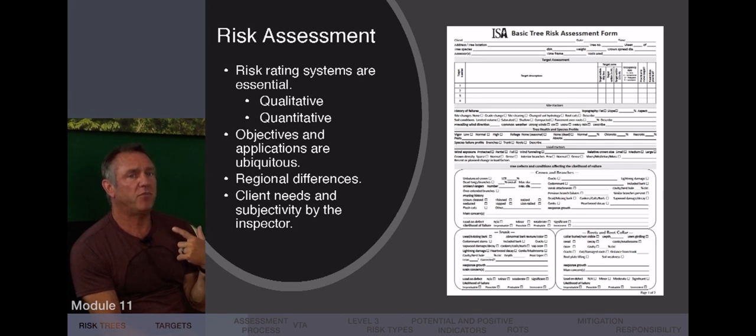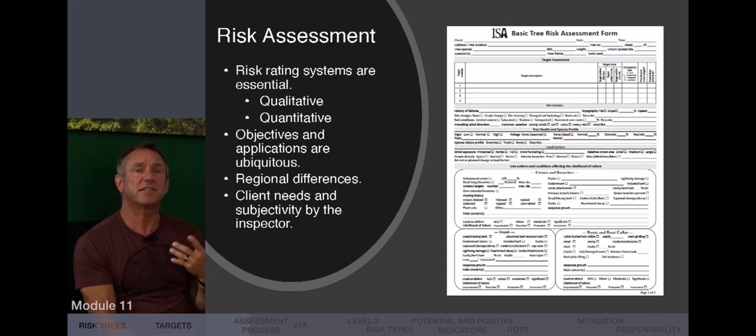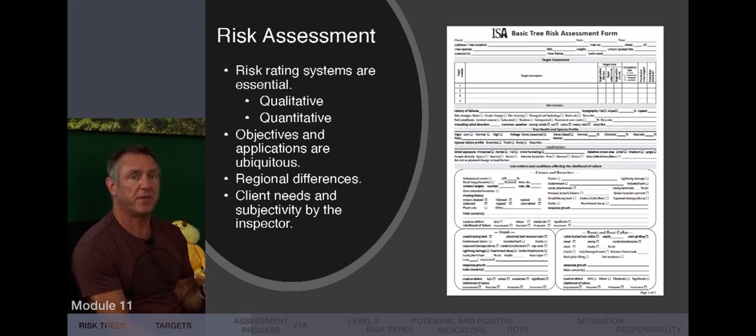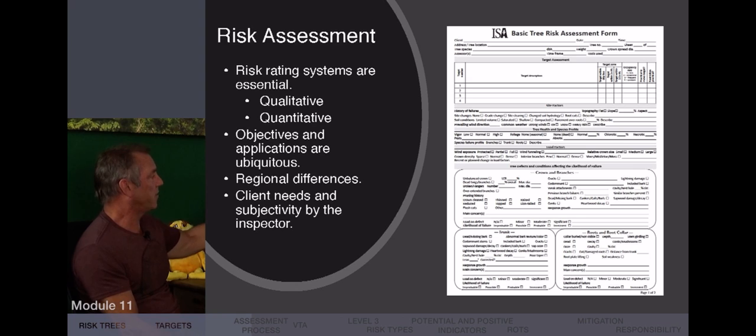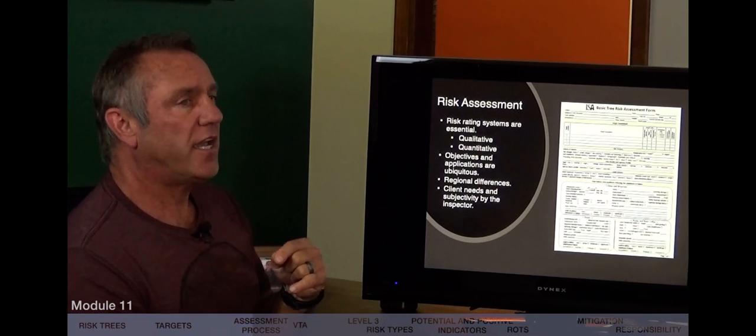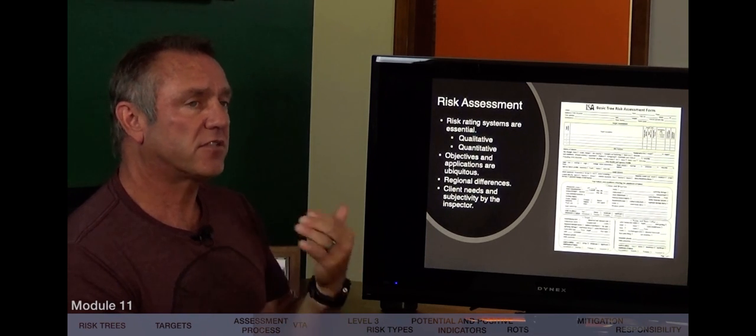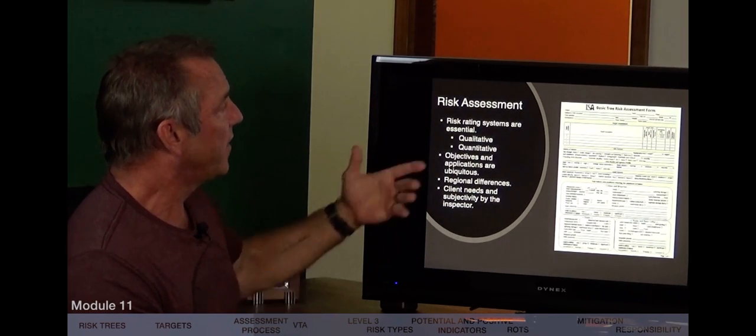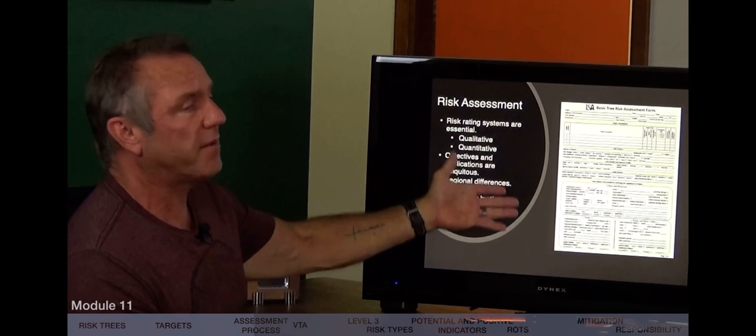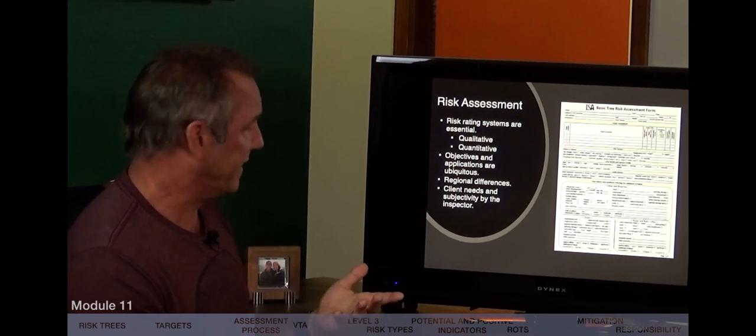There's not any more right or accurate than others, but there are some that are more acceptable internationally and much more acceptable because of the BMPs and the standards. So they can be either qualitative or quantitative. The ISA uses a tree risk assessment that's target-based and qualitative, and this is an example of the form that they use for collecting the data.